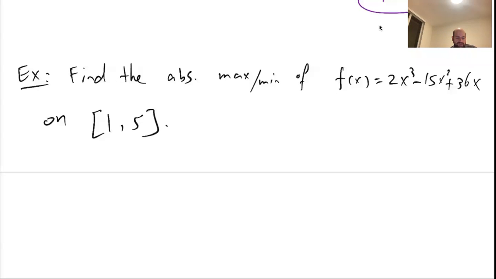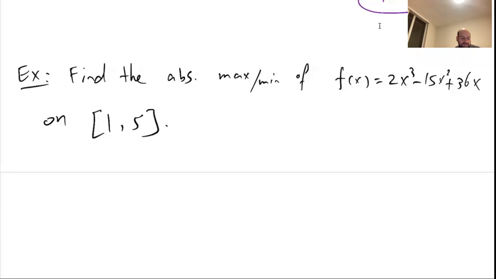Okay, so again, it's very straightforward. I just need to find the candidates, which are the endpoints and the critical points. Please note that again, here we have a continuous function defined on the closed finite interval. Therefore, it must have absolute max and it must have absolute min. It's just how to find them. And to find them, we just need to follow the algorithm.